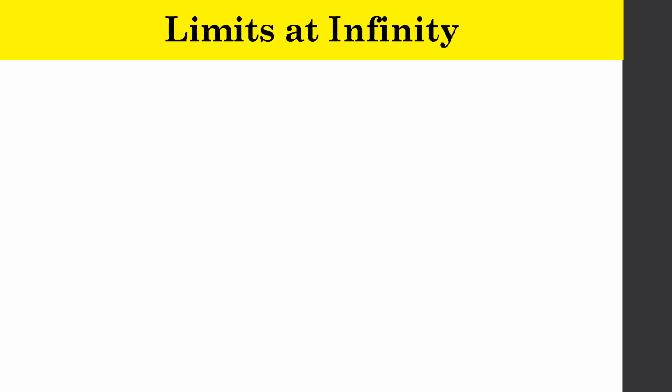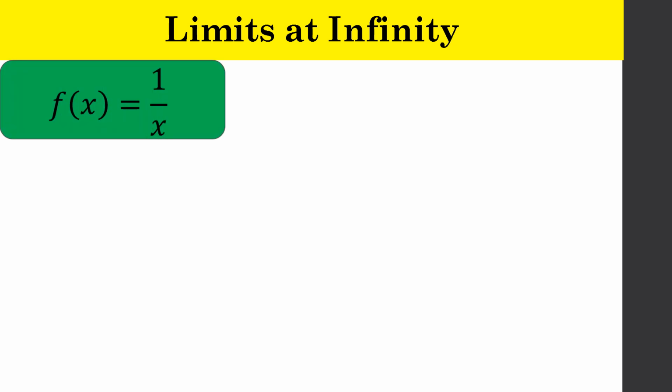So, dako naman tayo sa limits at infinity. Ano nga ba yung pinagkaiba ng infinite limits at saka ng limits at infinity? So, ulitin na natin that the infinite limits give information on the existence of vertical asymptotes on the graph of the function. Yung limits at infinity naman, on the other hand, ginagamit siya para maipakita that there is an existence of horizontal asymptotes naman.